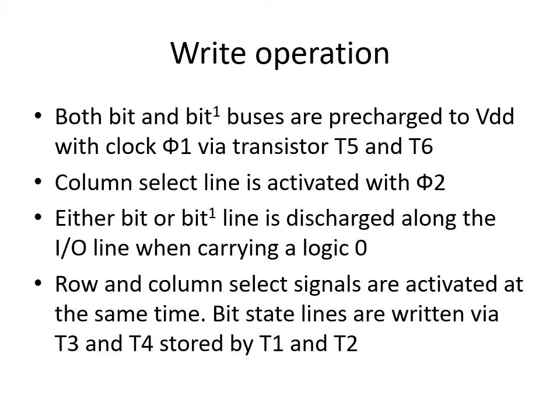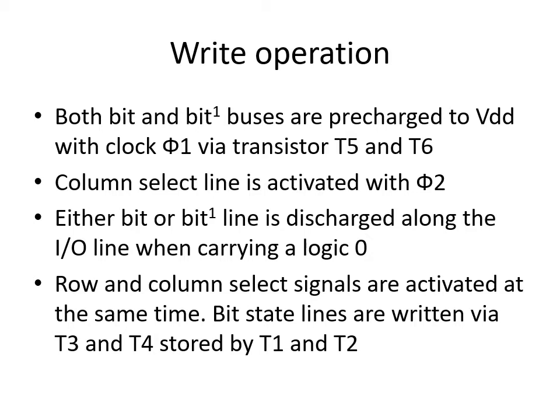So when pre-charge bar, phi 1, is equal to 0, both the transistors are turned on and both the lines, that is bit and bit bar lines, are pre-charged to logic 1. Then out of these two bus lines, one will be discharged to 0, that is when a data input is given. Okay, so next what happens is that the column select line is activated with phi 2.